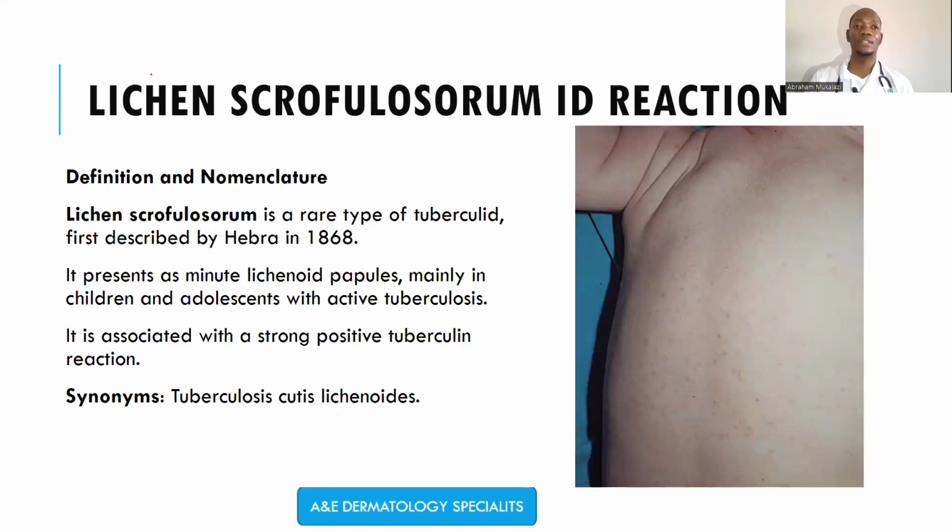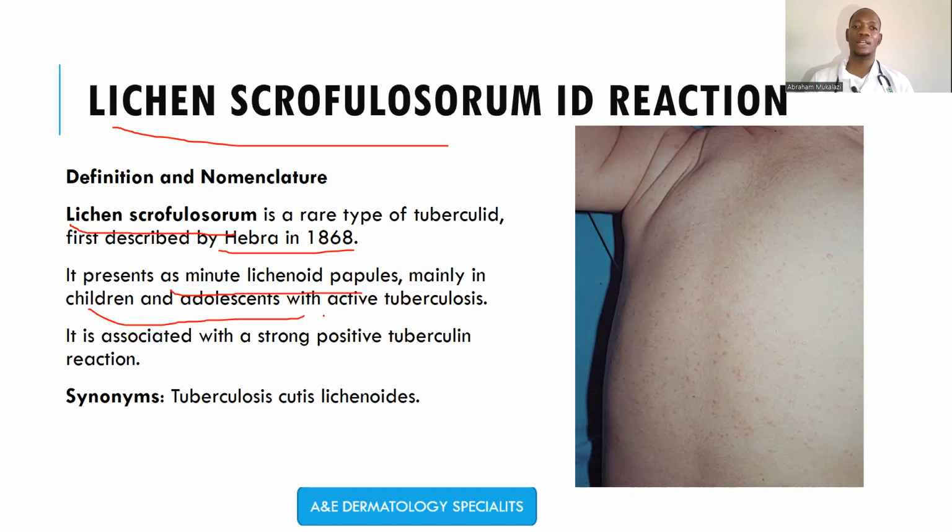So the first one, we call it the lichen scrofulosorum id reaction. This one is also called the lichenoid TB reaction. It is a rare type of tuberculid, but it was first described by Hebra in 1868, and it presents with very tiny, minute lichenoid papules.